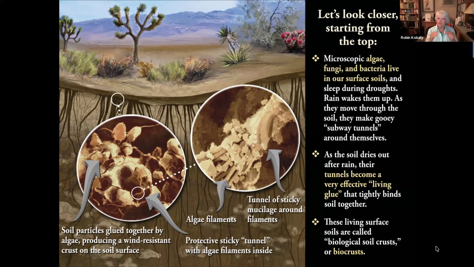So these biocrusts, when they are moist and you walk over them, are pretty spongy and springy, and they can generally take that. But when they're dry and you walk on them repeatedly or drive over them, they're going to all break up.